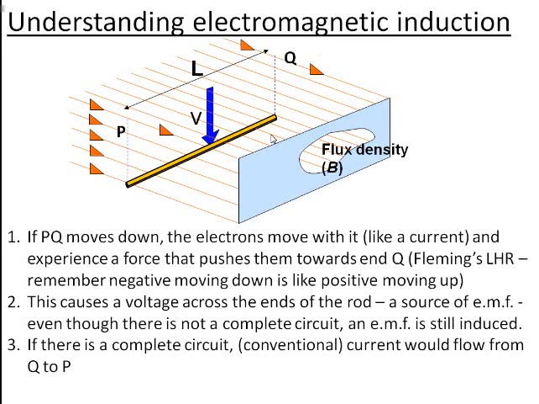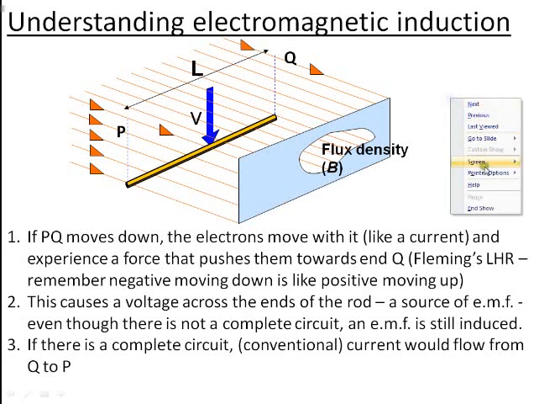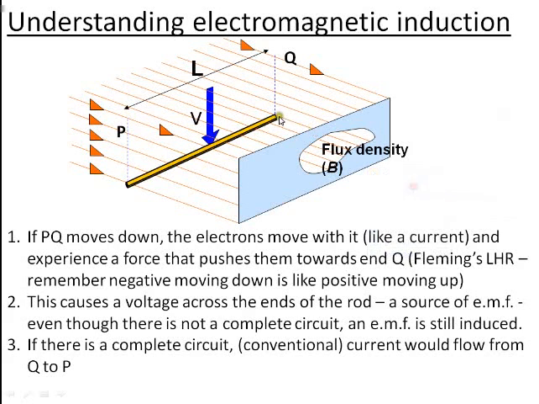If you attach the end of Q to P, you would have the electrons moving around the circuit. So if the wire was joined up at the ends, you'd go from having a potential difference or a source of EMF to actually having a current flowing around the wire.